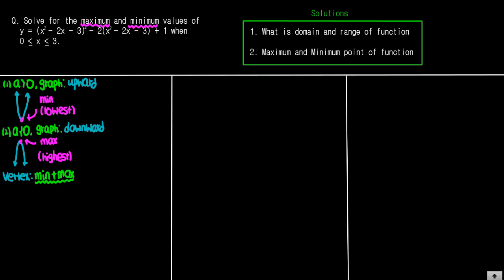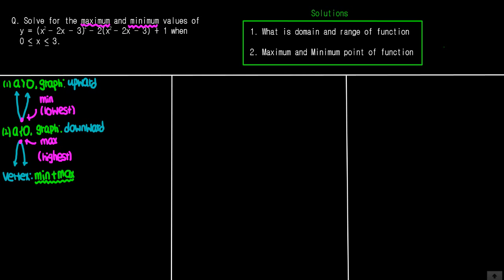In this case, there is one more piece of information that they gave us, about the x terms, where x is greater than or equal to 0 and less than or equal to 3.